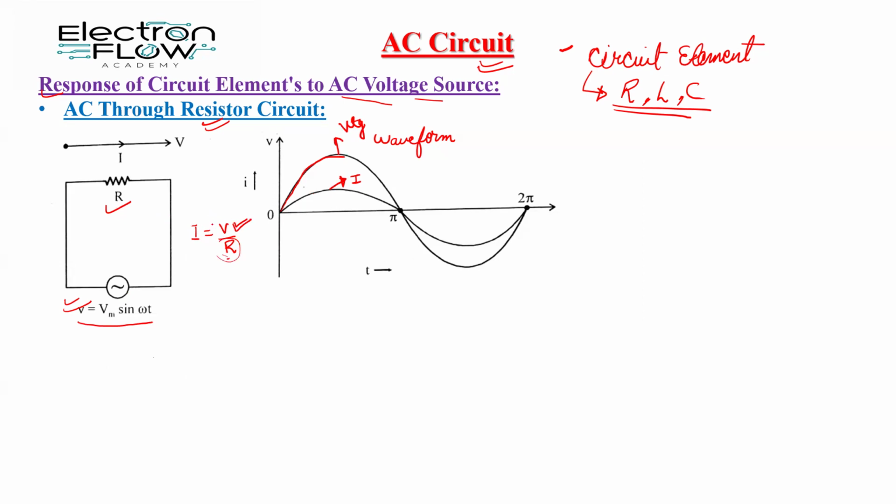So whatever the value we achieved of the current is always less than the voltage. Okay, so this is the waveform for the resistive circuit.